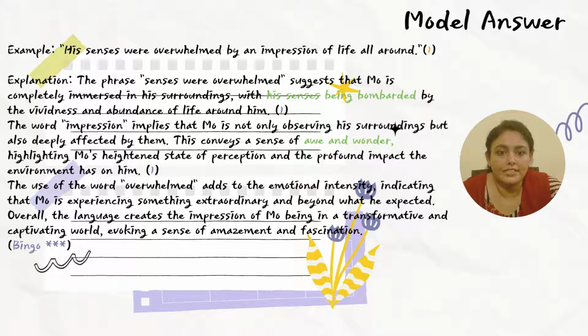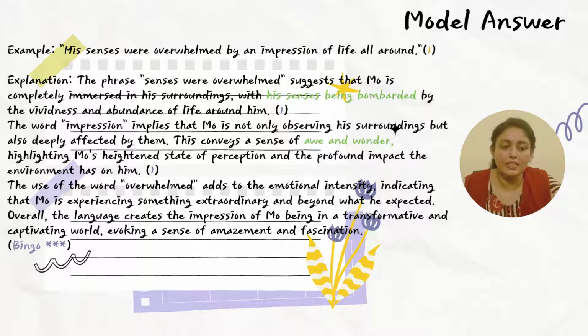Overall, the language creates the impression of Mo being in a transformative and captivating world, overwhelmed by the senses. Okay, he is overpowered in whatever he is thinking. He cannot think properly. He has just immersed himself in that new world.